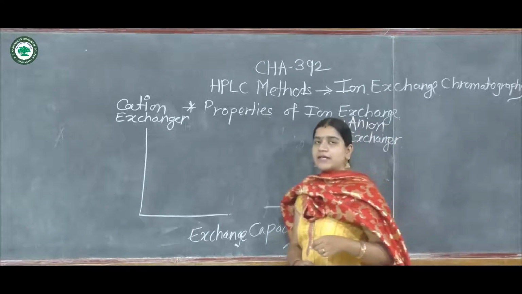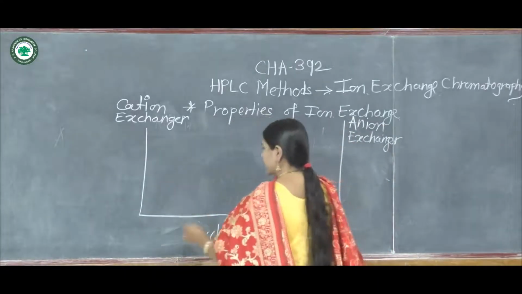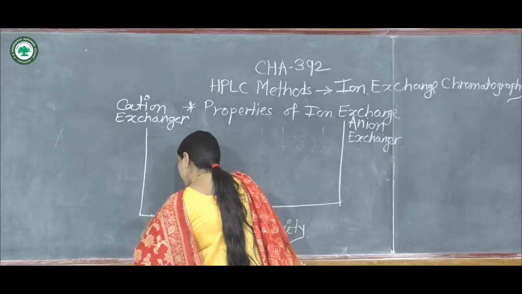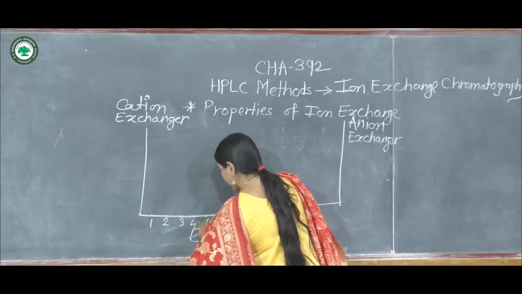If you compare the cation exchange capacity and the anion exchange capacity, then such a type of graph is obtained.